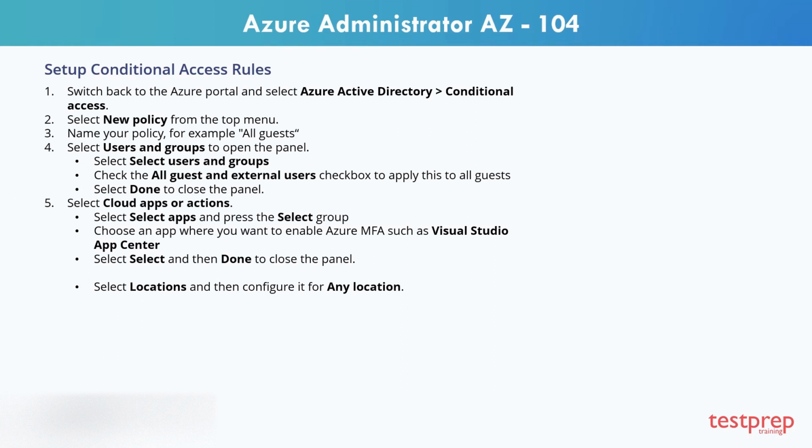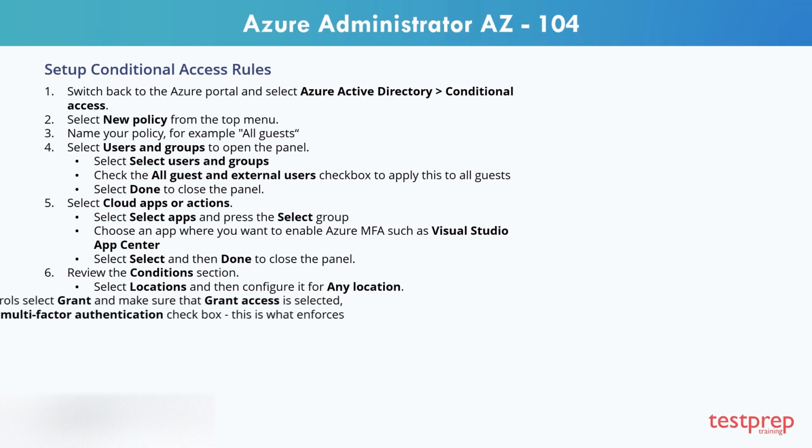5. Select Cloud Apps or Actions. Select Apps and press the Select group. Choose an application where you want to enable Azure MFA, such as Visual Studio App Center. Select, and then Done to close the panel. 6. Review the Conditions section. Select Locations and then configure it for any location. 7.